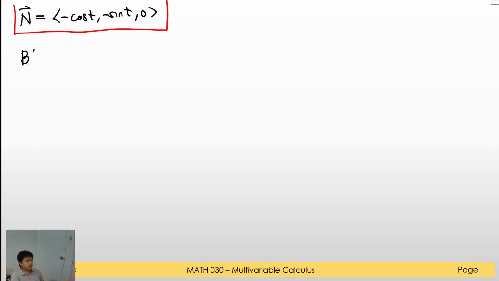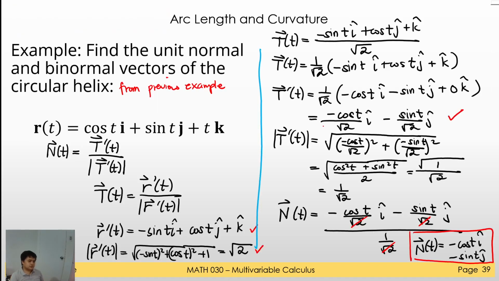Now to find the binormal vector, this is the cross product of the tangent vector first, and then the normal vector. What is the tangent vector? We have this.